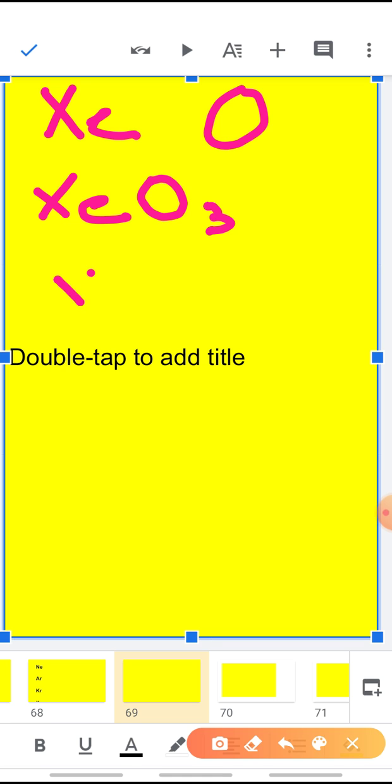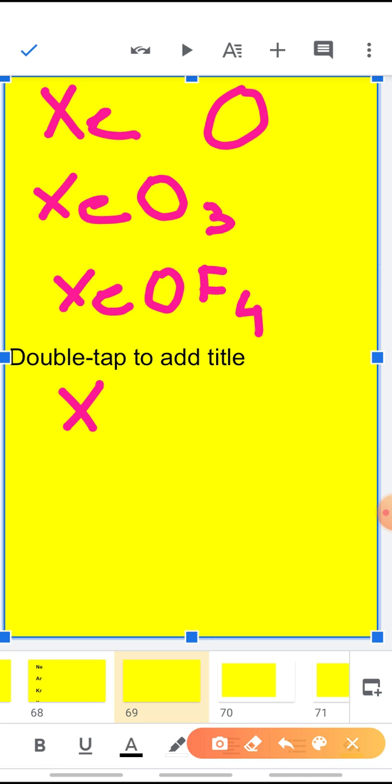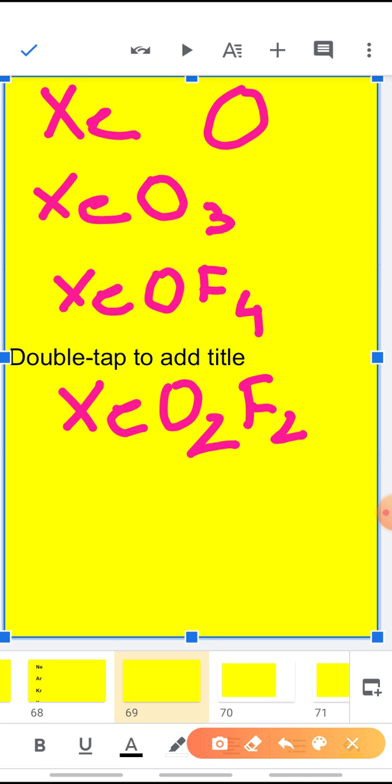Similarly, XeOF4 is also found. Similarly, XeO2F2 is also there.